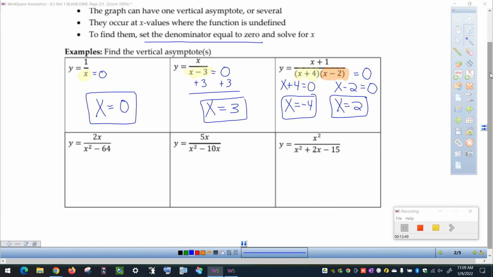We need to get this into the form that has the parentheses. There's some different factoring strategies that we'll see, all things that we've done before, so it'll be a little bit of a review. The first one here, the x squared minus 64, this is a difference of squares. And so x squared, also 64, those are perfect square numbers, and they're being subtracted.